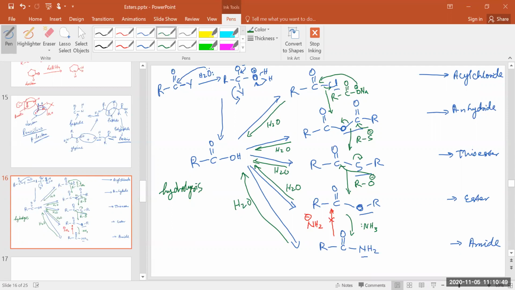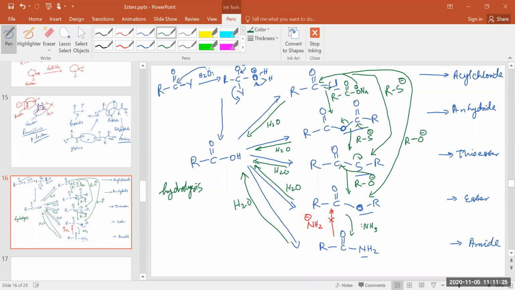Similarly, we see here thioester is less reactive than the chloride. So chlorine is more reactive, and we can directly react S minus and you get the thioester. This chloride is very reactive and you can directly react it with RO minus; it will form the product.